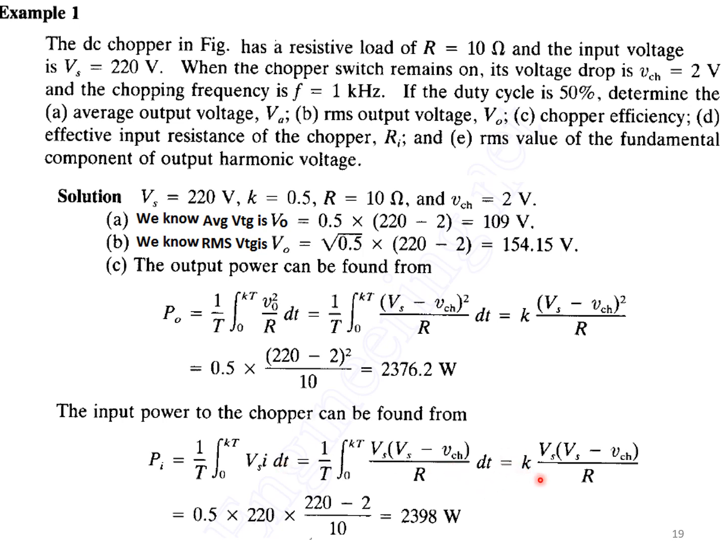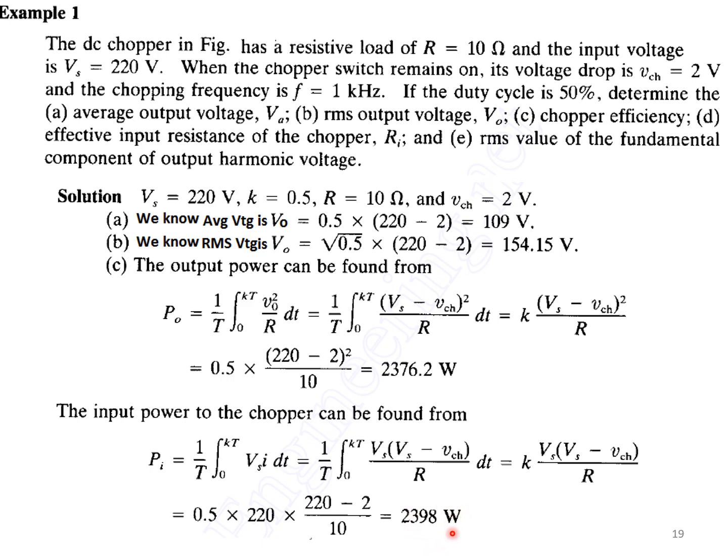By solving this, I will be getting K into this term outside the bracket. And this can be represented with K as 0.5 into 220 into 220 minus 2 divided by 10, and you should be getting 2398 watts.